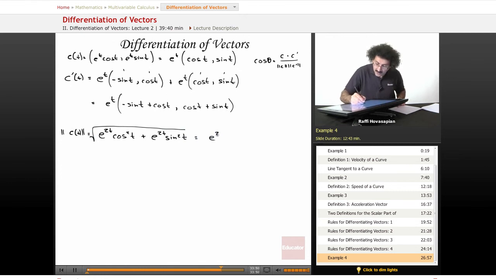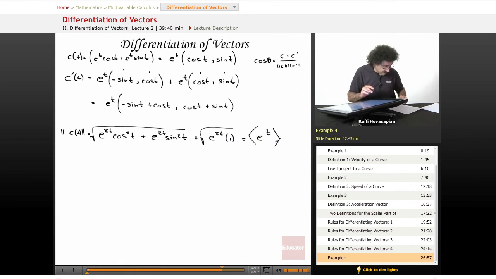It's going to equal e to the 2t. The e to the 2t factors out. Cosine squared plus sine squared is 1. So it actually just ends up being e to the t. So that is the norm of the position vector.